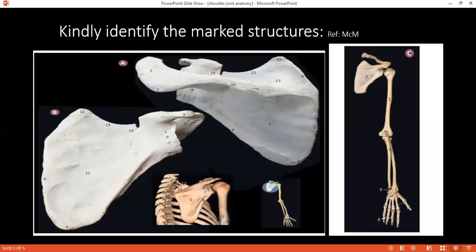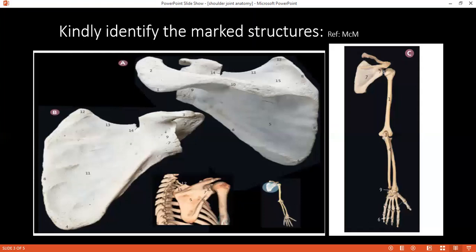Good. Can you mention a few factors which decrease the stability of the shoulder joint? Because of the disproportion of the head of humerus and the cavity, which is in the ratio of 1:4, the shoulder joint is highly mobile, but there is a risk of dislocation, as well as the few number of ligaments and the laxity.